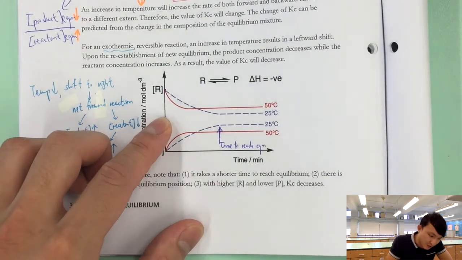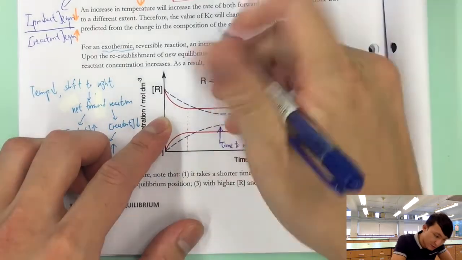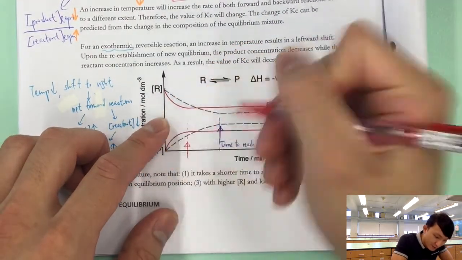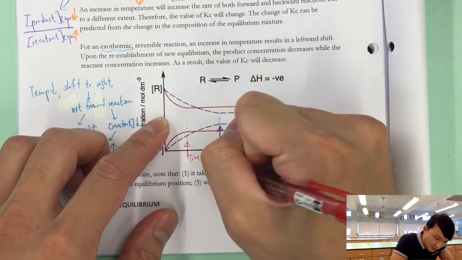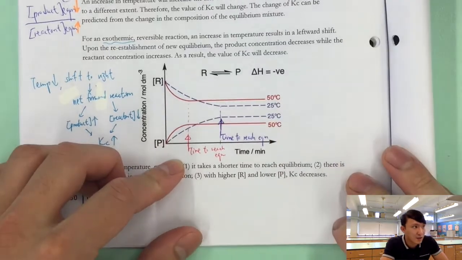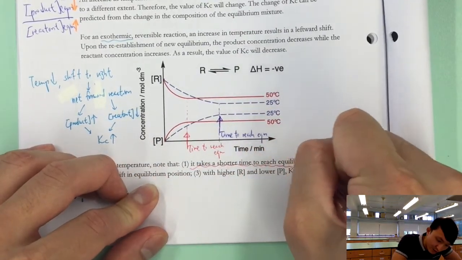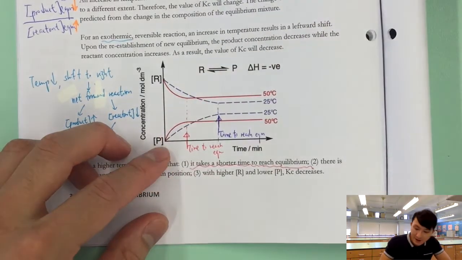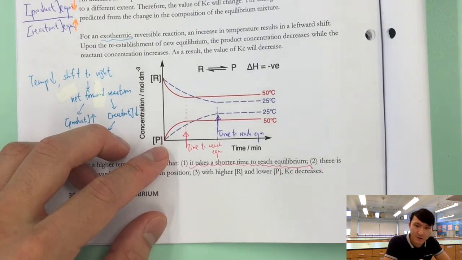Now, when temperature increases, you notice that now time to reach equilibrium is shorter, okay? So it takes a shorter time to reach equilibrium. This is the first thing you have to pay attention to, okay? And the second thing is you have to look into the equilibrium concentration of the chemical species.